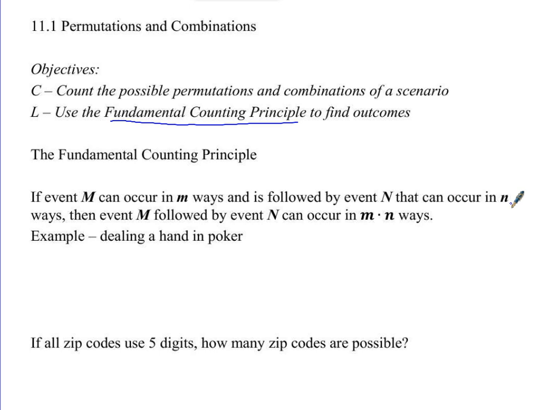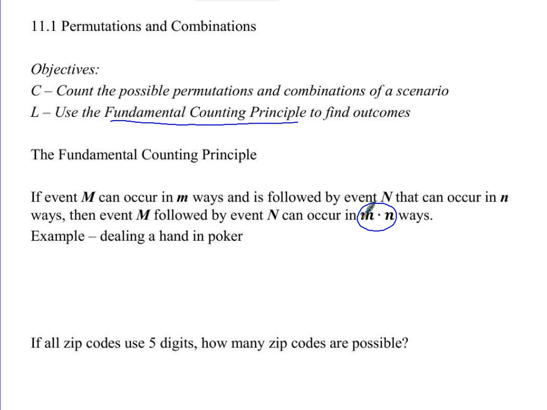So if I roll a second die, that would be event N. It can occur 6 ways, right? Then, event M followed by event N can occur in m times n ways. That's the fundamental counting principle right there. I take those two numbers that I just said, 6 and 6, and I multiply them together and I get 36. So to roll 2 dice, there's 36 ways.